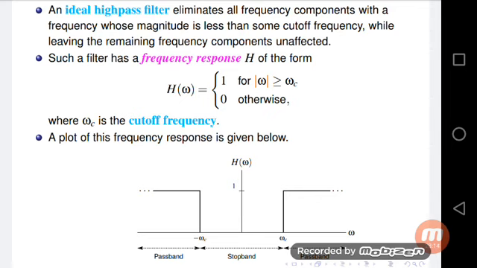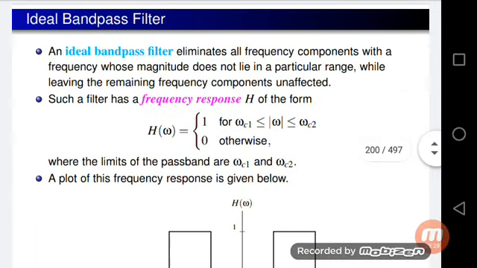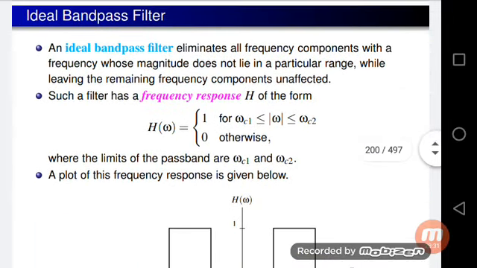From the left and right sides, the signal will pass, that's why it is called the pass band. Next one is the ideal band pass filter.